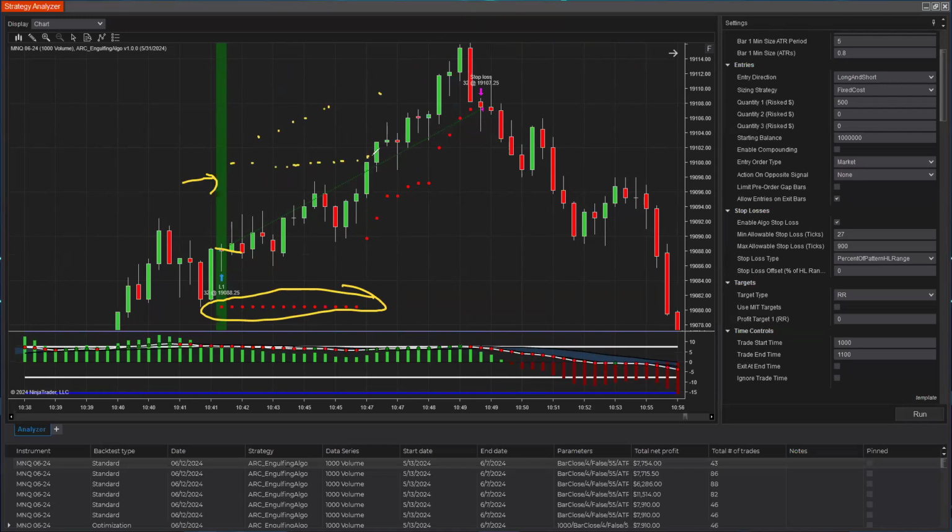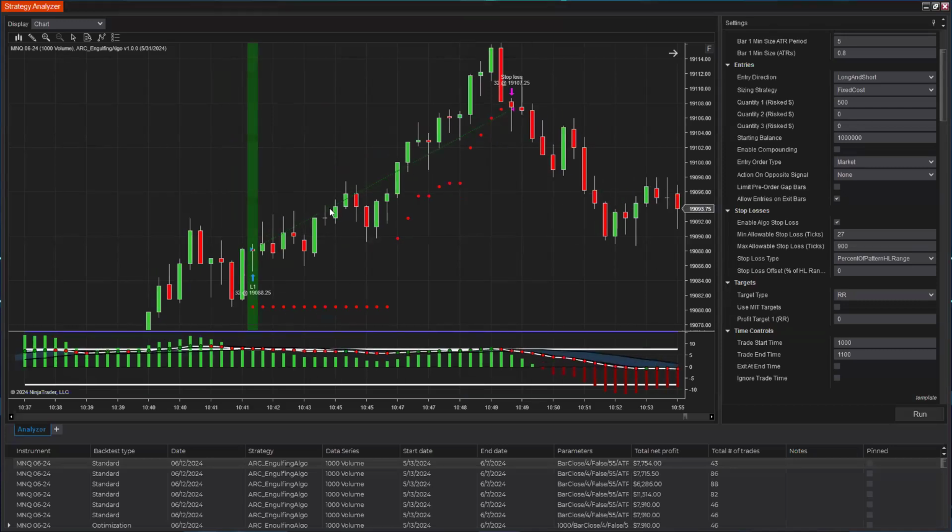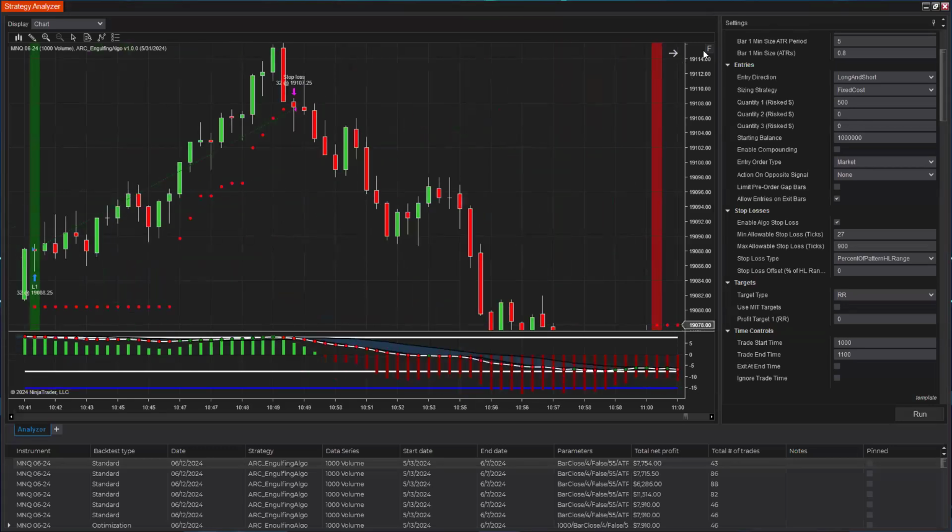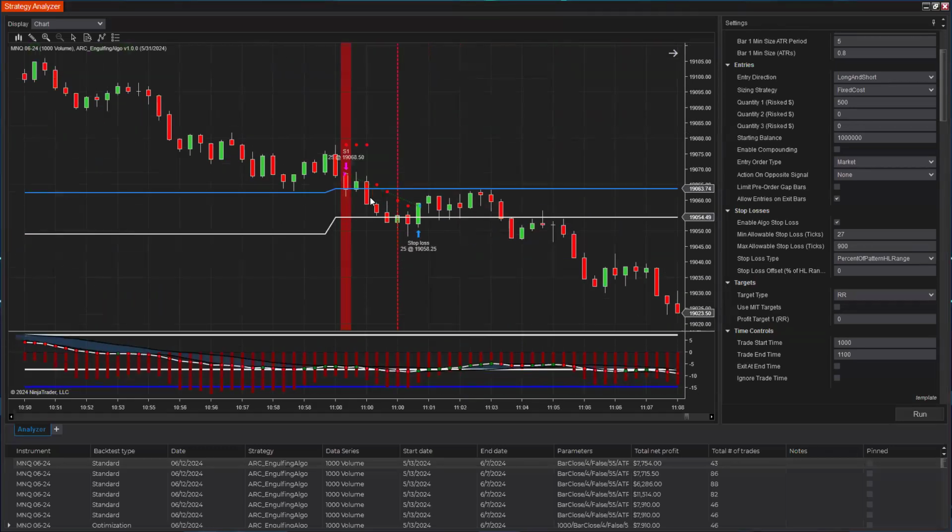Green dots are target. In this case, we don't have a target, so it's exiting at the stop. So if you're having trouble seeing, that'll give you more clarity on being able to see the trades. Yeah, I know it's hard, guys. I know that the bars are small and the zoom is not always the greatest resolution. So yeah, that'll help though.